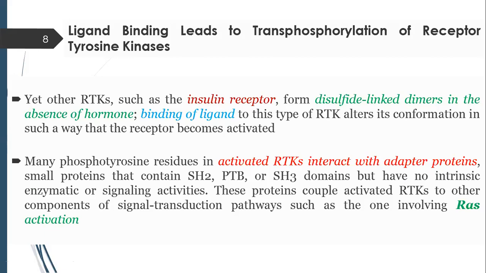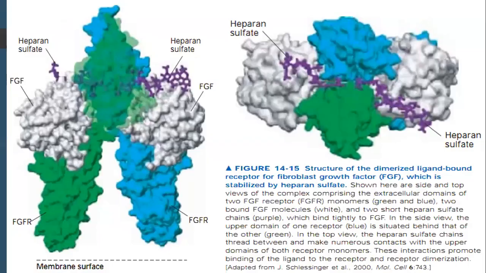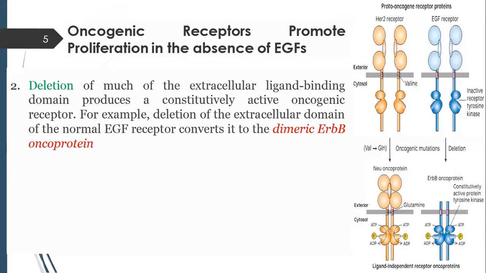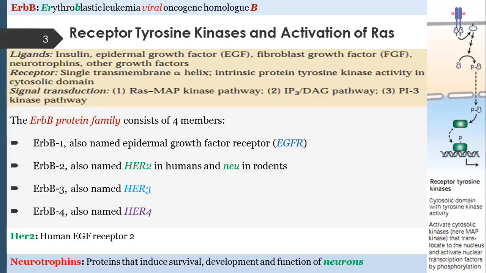There are some adapter proteins that we haven't discussed yet, like here in these pathways. How is the receptor interacting with this RAS protein? It is known that there is an intermediate protein, an adapter between this receptor and another protein, the GEF.